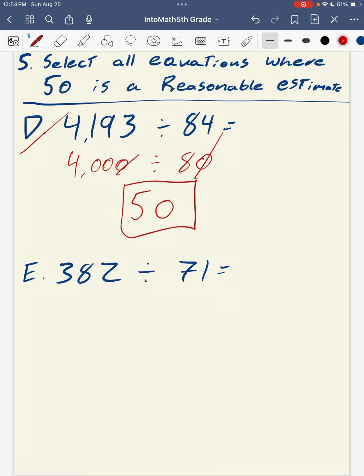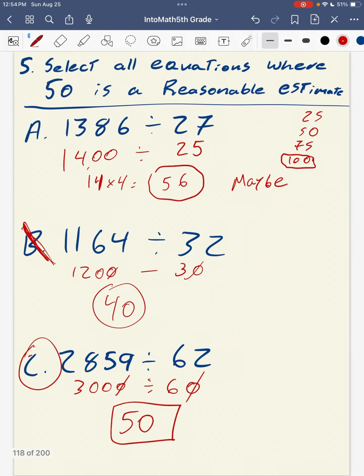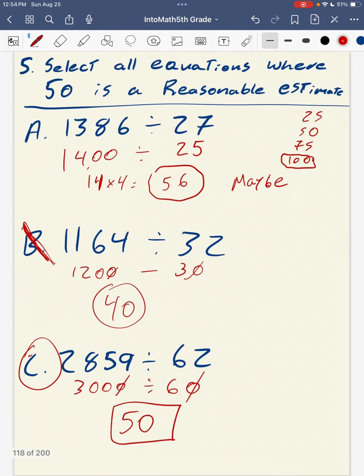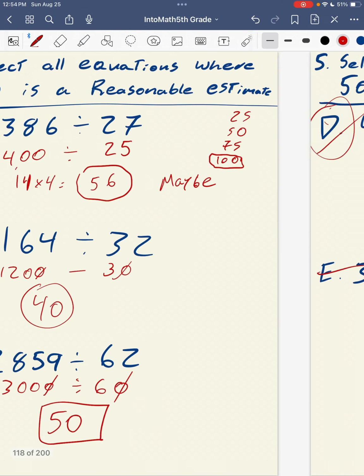I already know that 50 is way too big, that this can only go in about 5 times. So E is out, D is good, C is good, and we'll also accept A as being reasonable. So A, C, and D are all reasonable to have 50 as a good estimate.